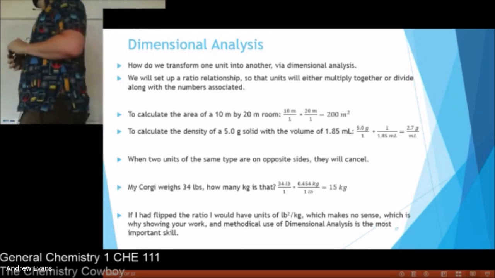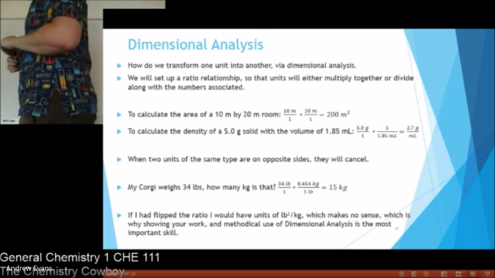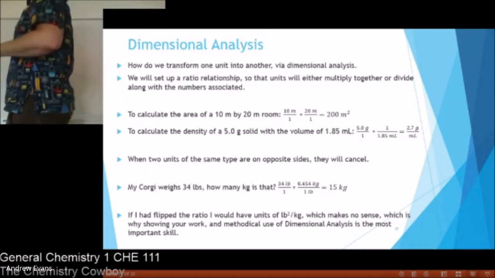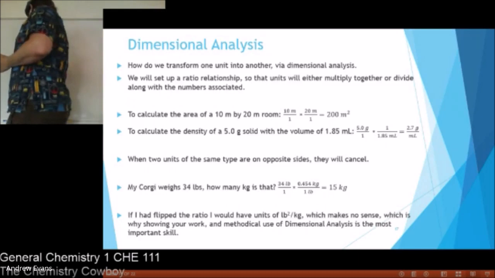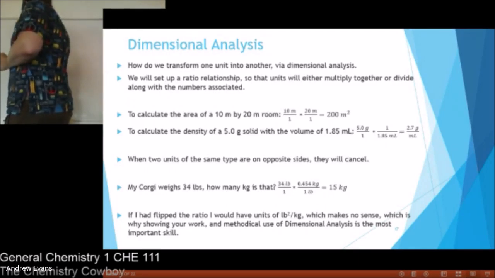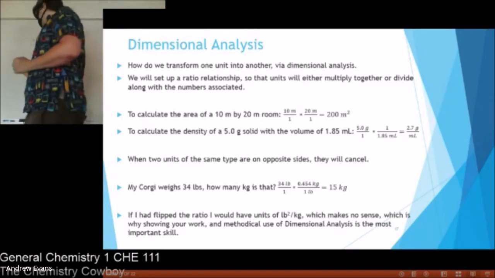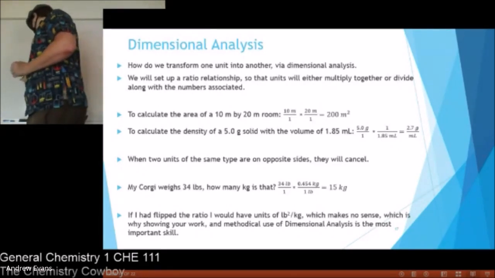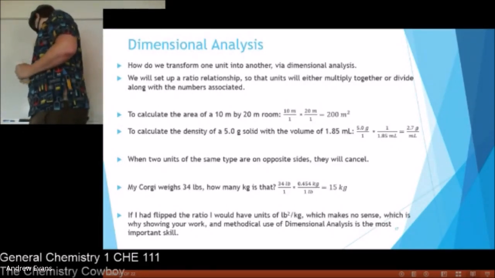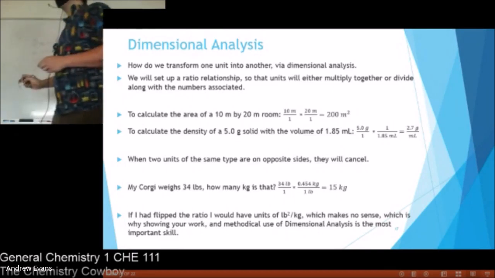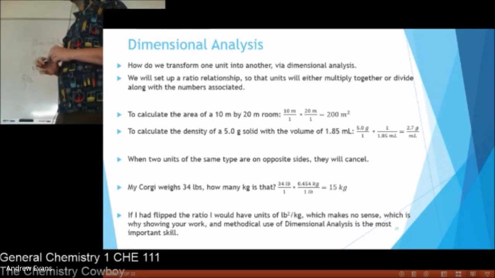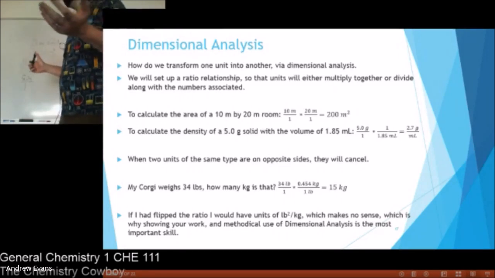When we calculate density from a mass and a volume, density, by definition, is mass over volume. But calculating this, if I have a 50 gram mass, we can always say any given number is over 1, because 5 divided by 1 is 5.